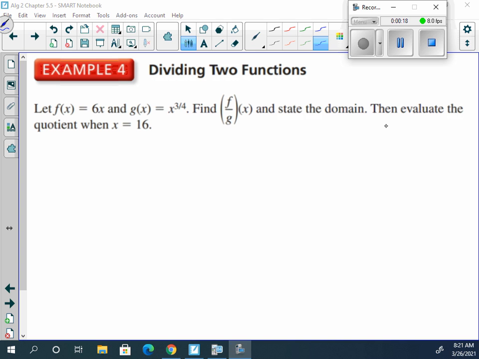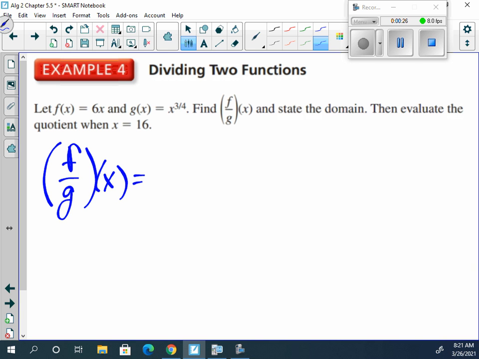So when we talk about f divided by g of x, well, this is the same as f of x over g of x. F of x divided by g of x.